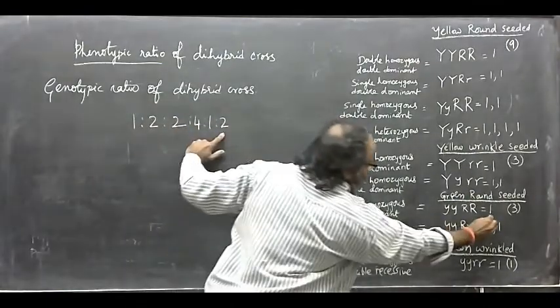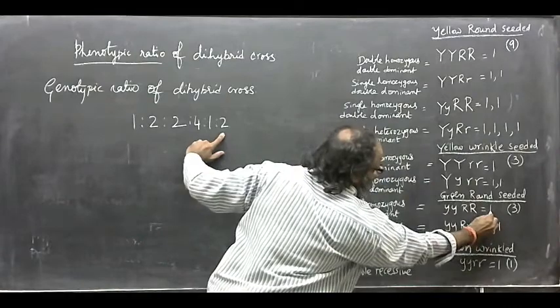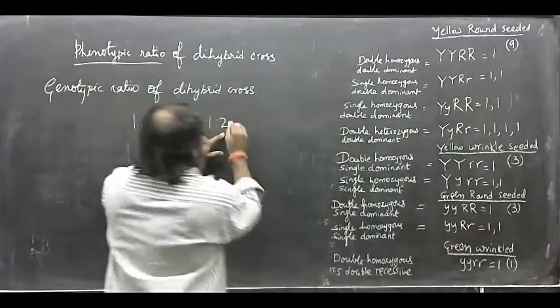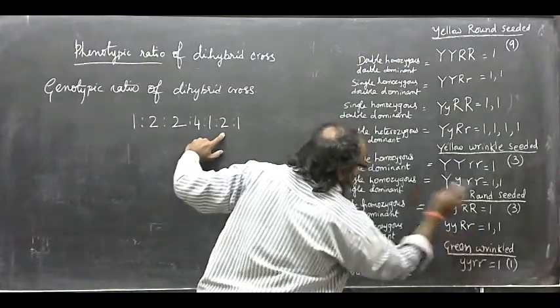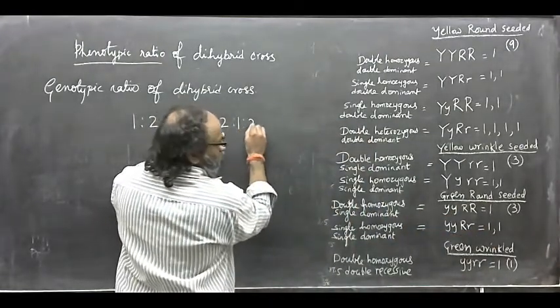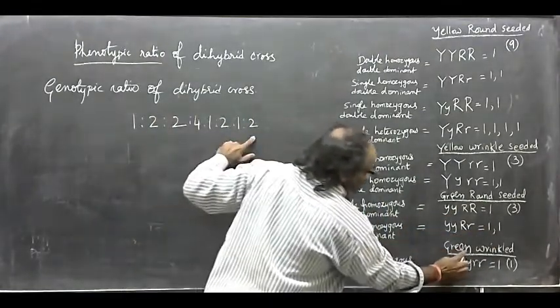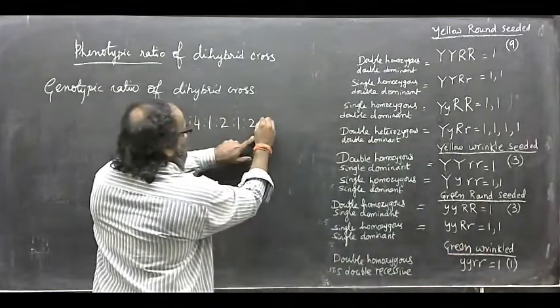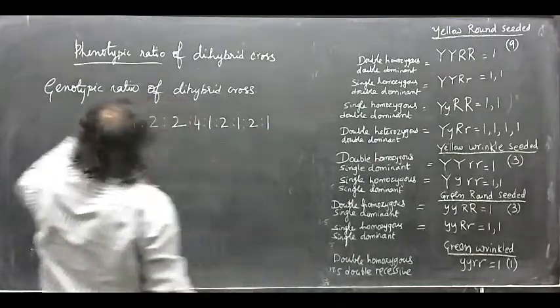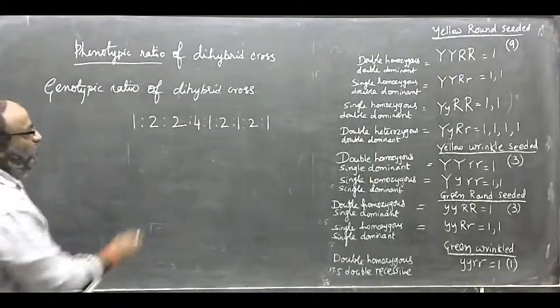The seventh genotypic condition is seen in one plant. The eighth genotypic condition in two plants, and the ninth genotypic condition is seen in one plant. So what is the genotypic ratio of dihybrid cross?